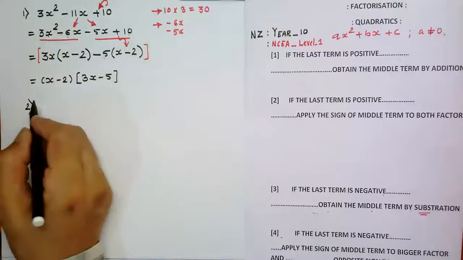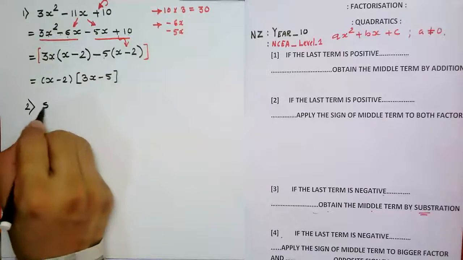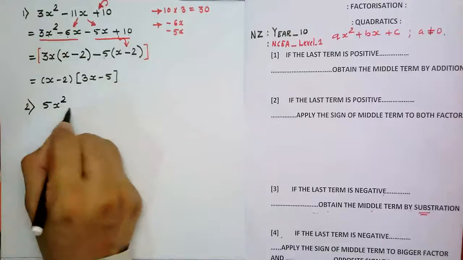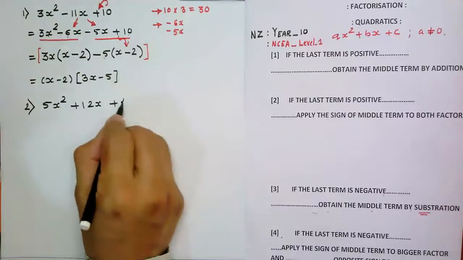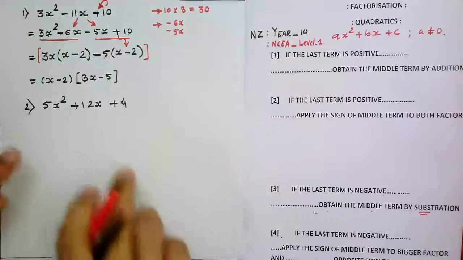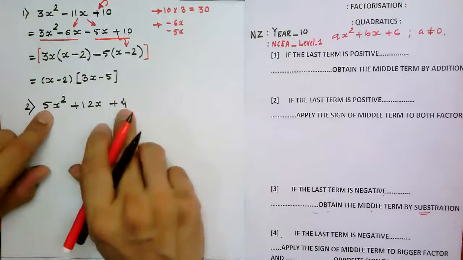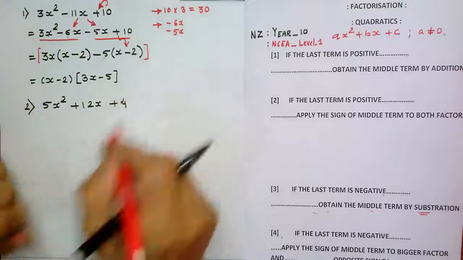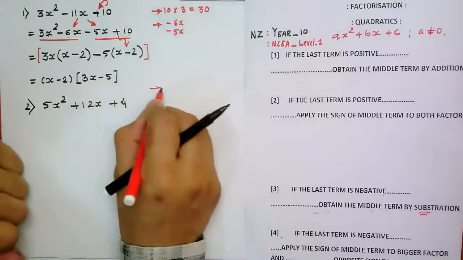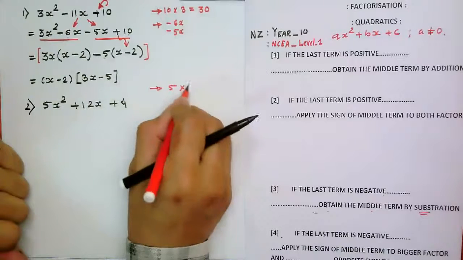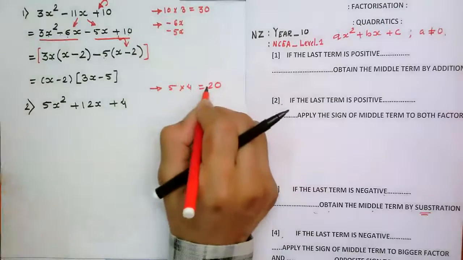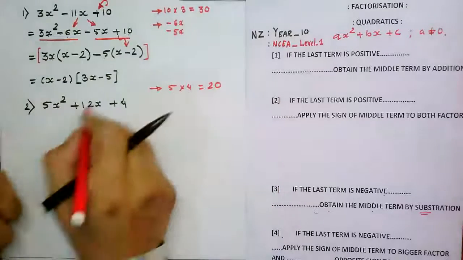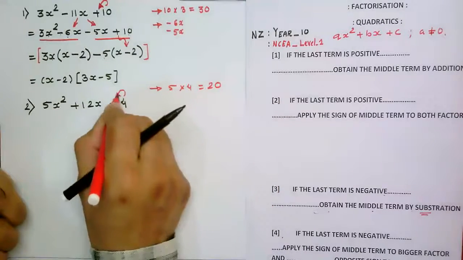Second example, that is 5x squared plus 12x plus 4. First of all, multiplication of these two numbers should be done. 5 times 4 is 20. So factors of 20 should be obtained. See the sign of the last term.